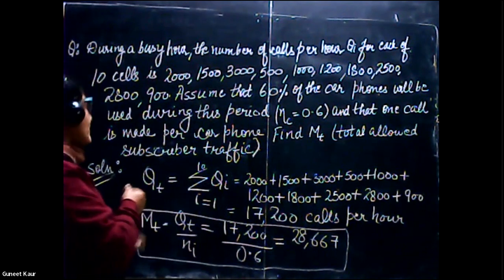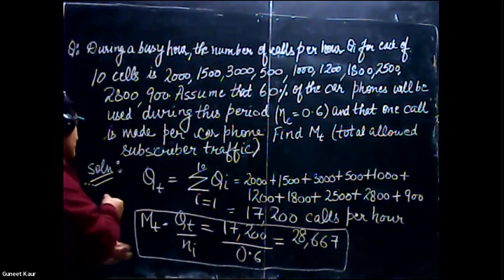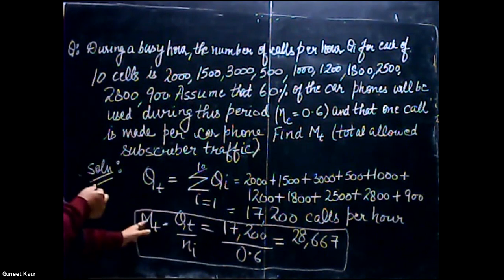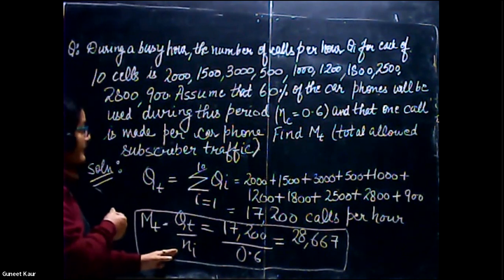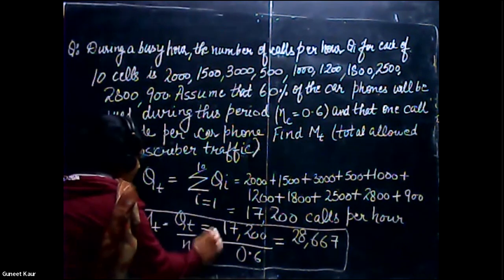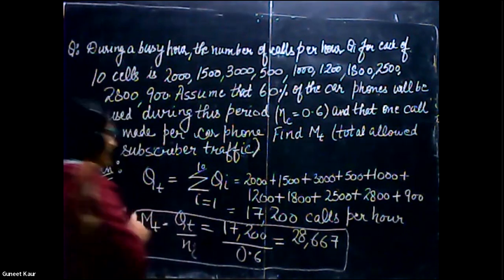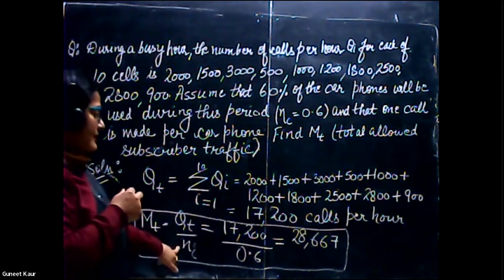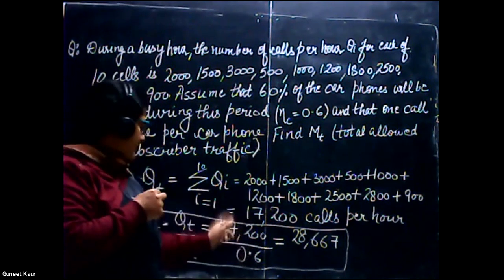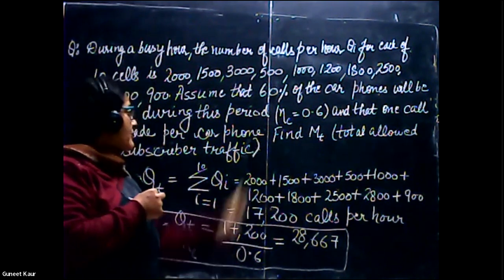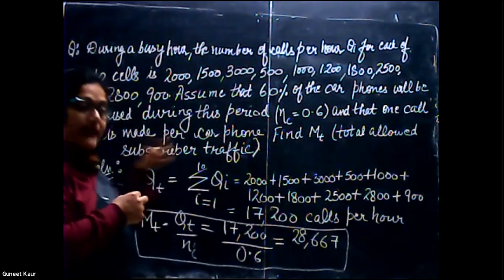Now to find the number of customers in the system, M_T, the formula is Q_T divided by eta_c, that is 17,200 divided by 0.6.